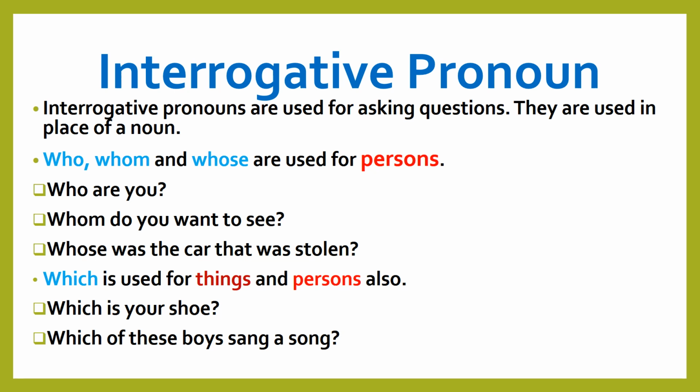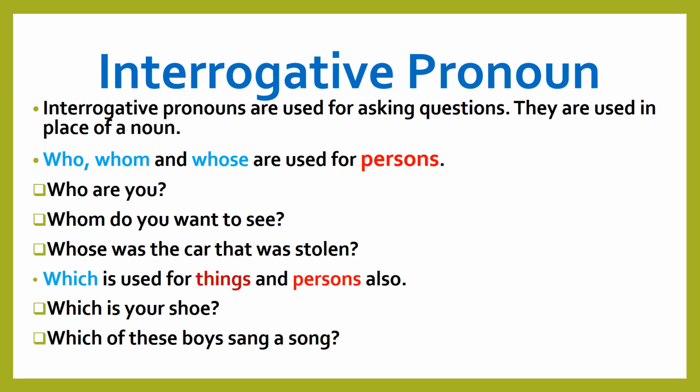Which is used for things and persons. So which is a pronoun which is used for both things and persons. Like here we have the example, "Which is your shoe?" You are talking to a man or a woman, and there are some other pairs of shoes also, and you are asking her to tell you which is her shoe.